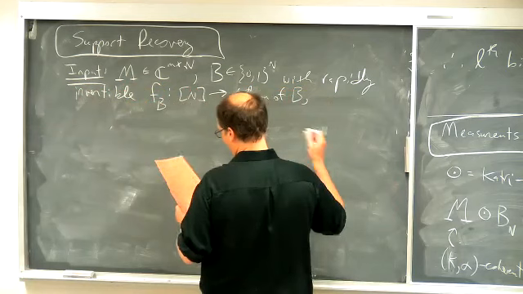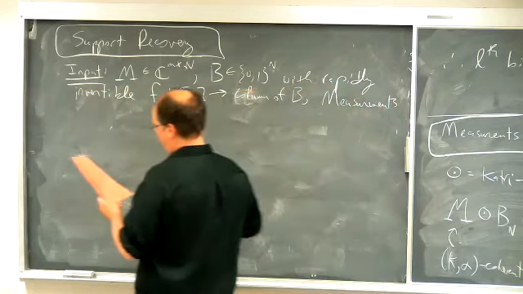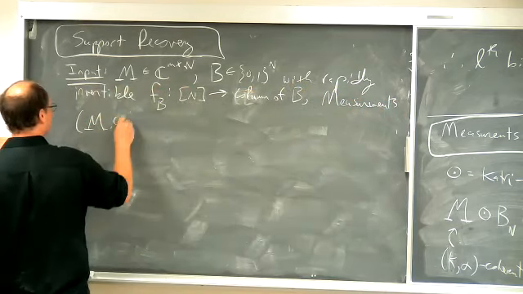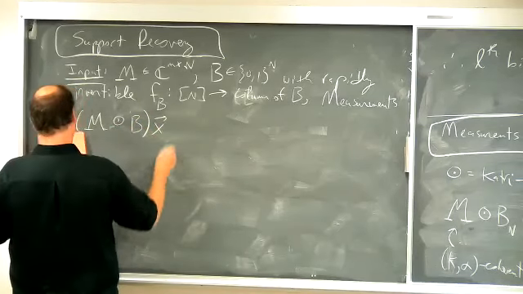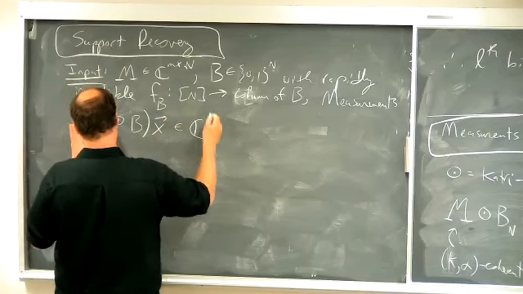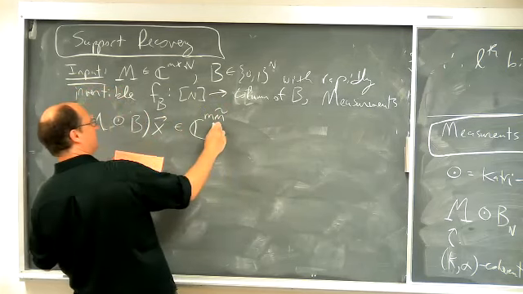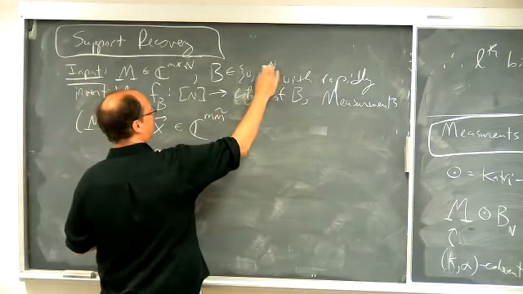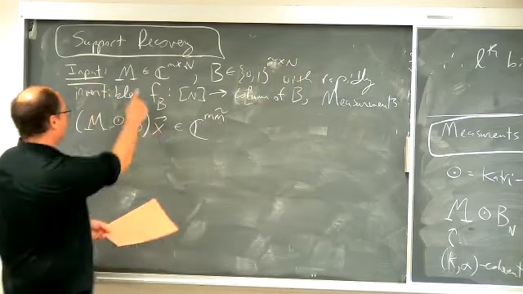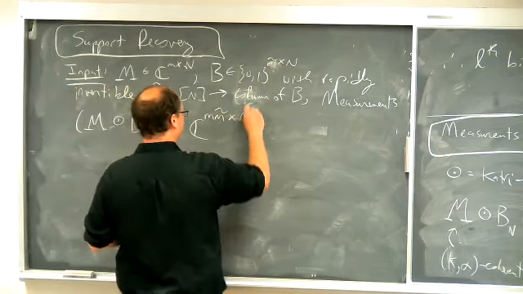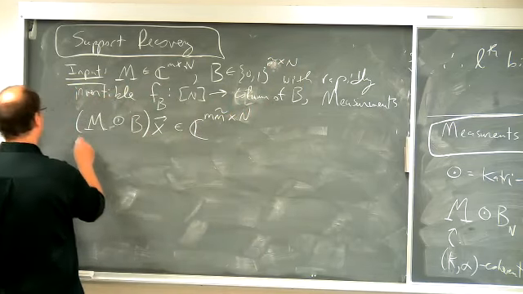And we are going to take measurements which are the product of these two things, this row-wise Khatri-Rao product of these guys applied to X. So there will be M tilde entries of this guy, so that all works out, by a matrix measuring X. That's our input.